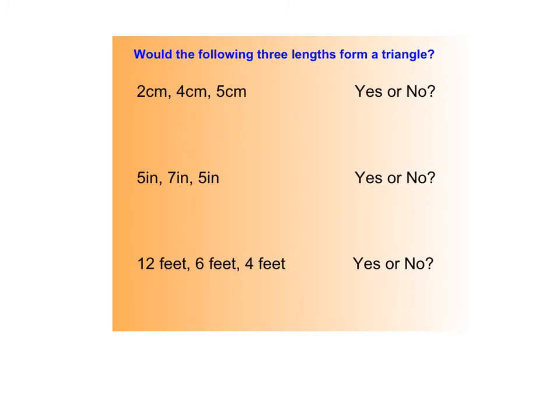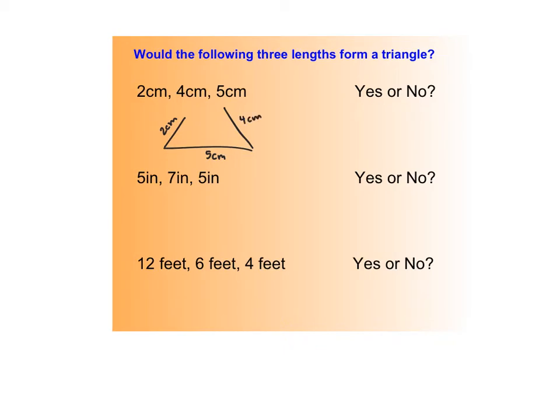Would the following form a triangle? So 2 and 4 and 5. Well, would that form a triangle? I could do 3 inequalities. Let me just sketch this. I'm going to put the longest side on the bottom, so 5 centimeters. I'm going to put a 2 here. I'm going to put a 4 here. And hopefully I've drawn this to scale.